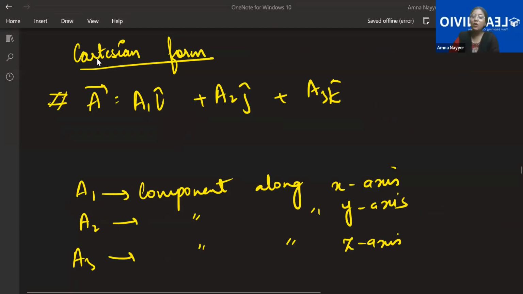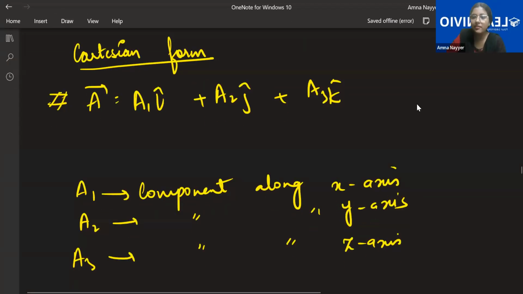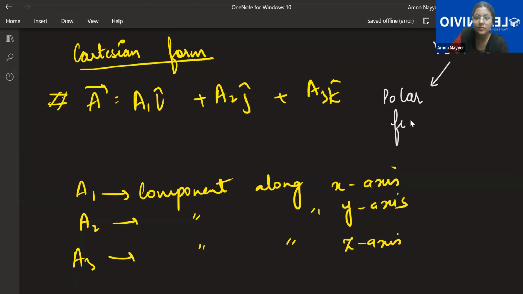Okay, look, Aisha, now let us discuss how we write the magnitude and how we make the unit vector. First, understand what the Cartesian form is and what the polar form is. Vectors are written either in the polar form or the Cartesian form.